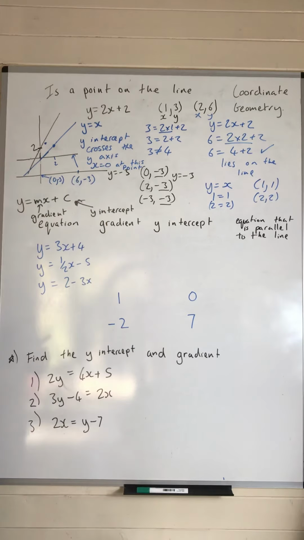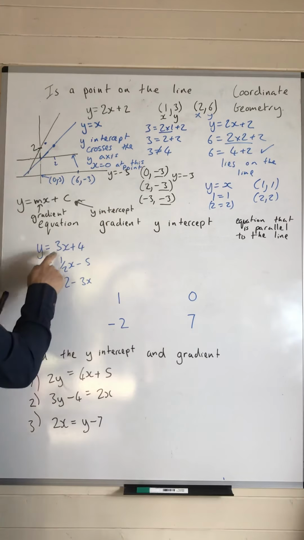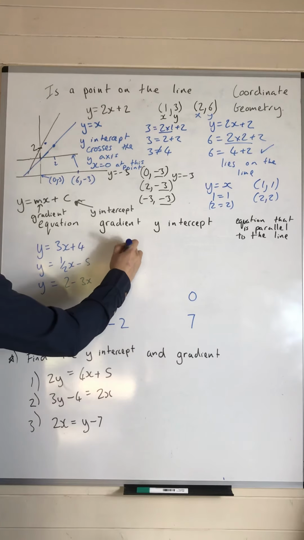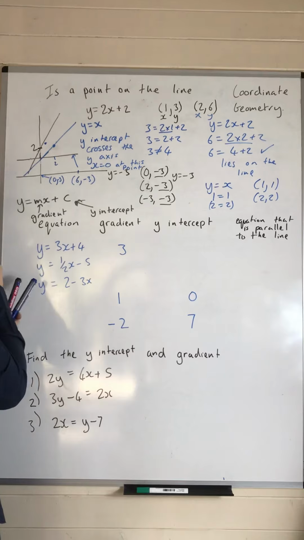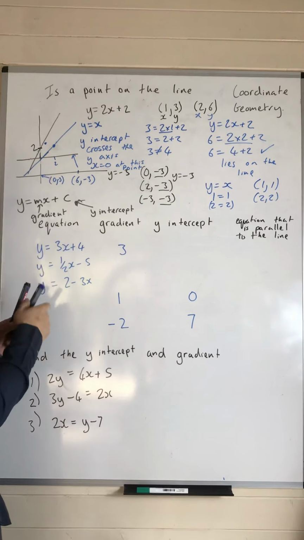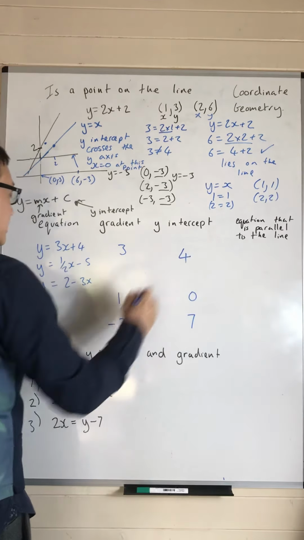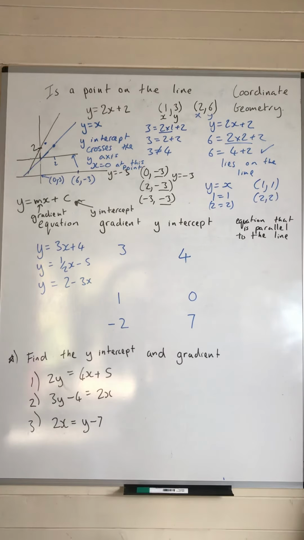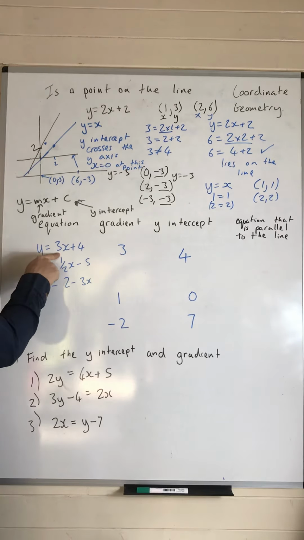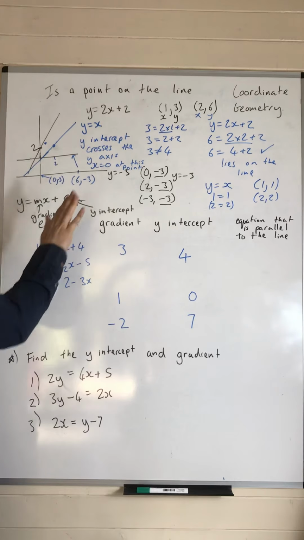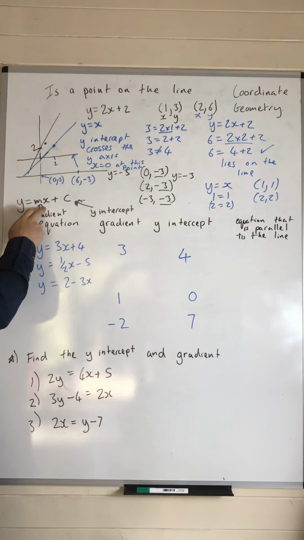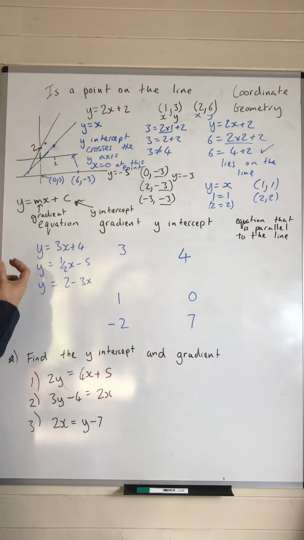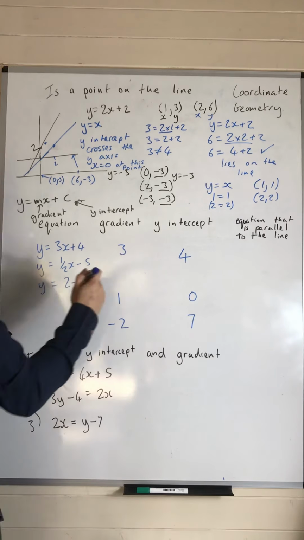So to fill in this table, the gradient must be 3 based on the equation, and the y-intercept is always the number on the outside where it crosses the y-axis, so the y-intercept is 4 in this case. The gradient just stands for the slope, how steep it is, and we'll learn more about that later. Can you see this is a half x? The gradient is the coefficient in front of the x. So in this case, the gradient is a half.